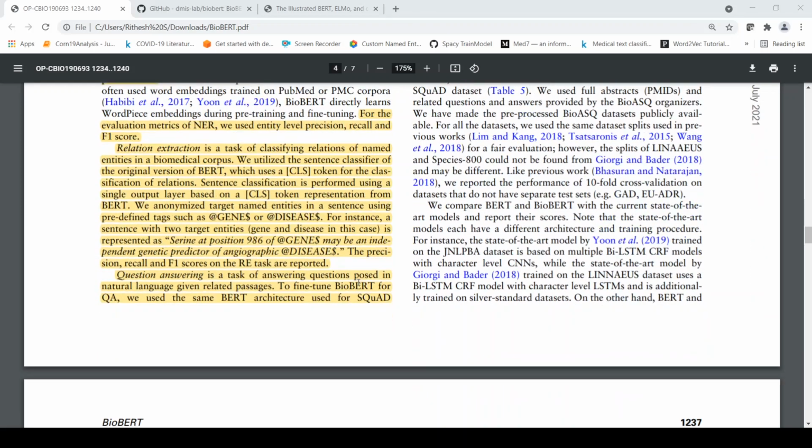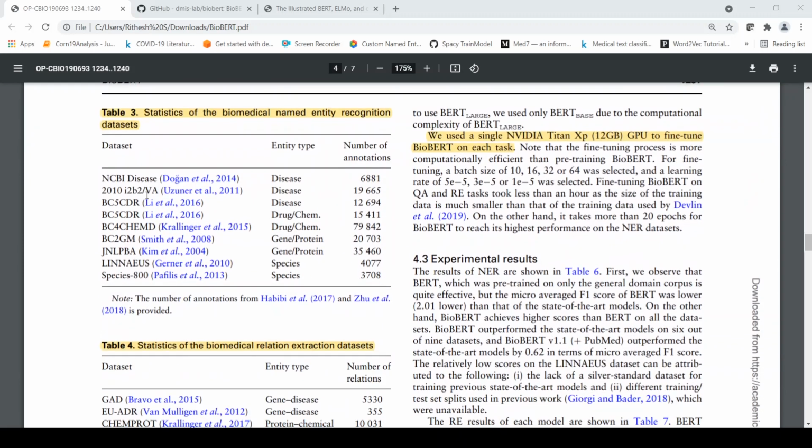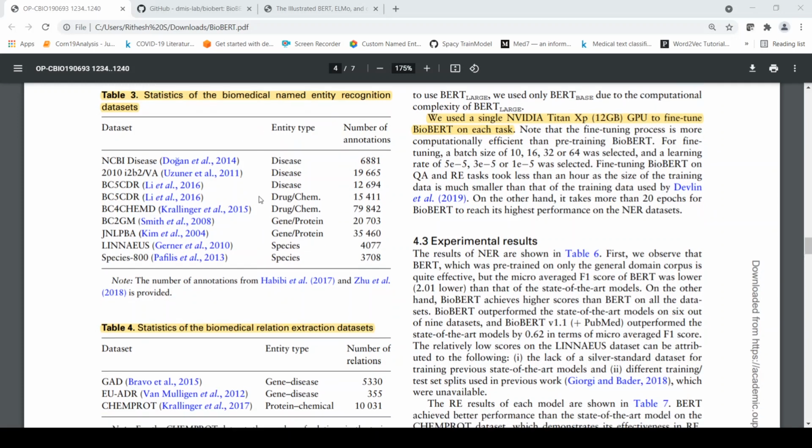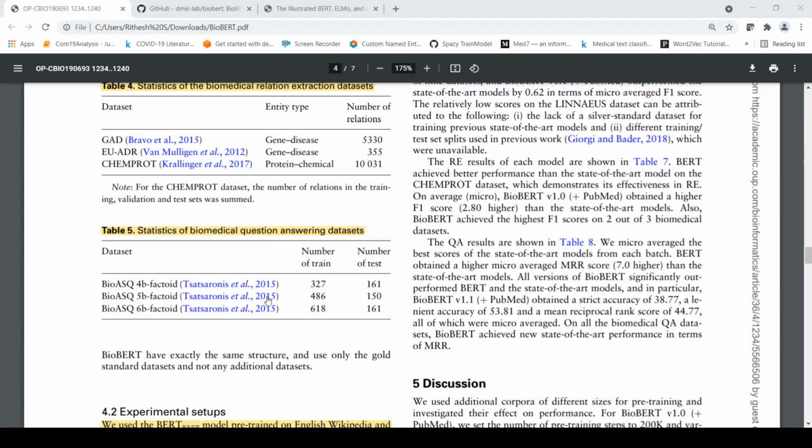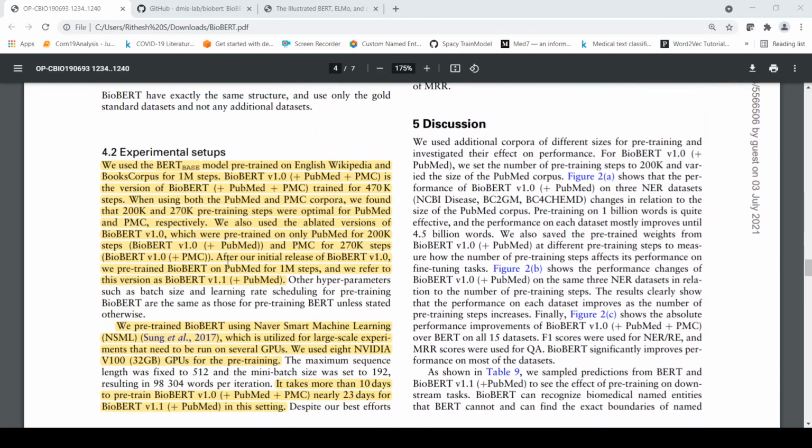So now let's look at some of the results. Further details are given here for the different data sets which have been used for biomedical named entity recognition, biomedical relation extraction, and question answering. If you look at the experimental setup, they have used the BERT base model, which has 12 transformer layers and which has been pre-trained on English Wikipedia and book corpus for 1 million steps.